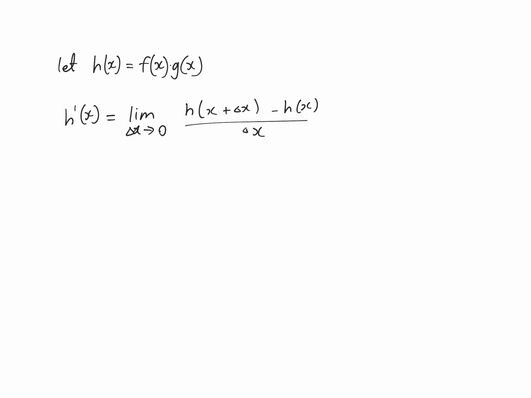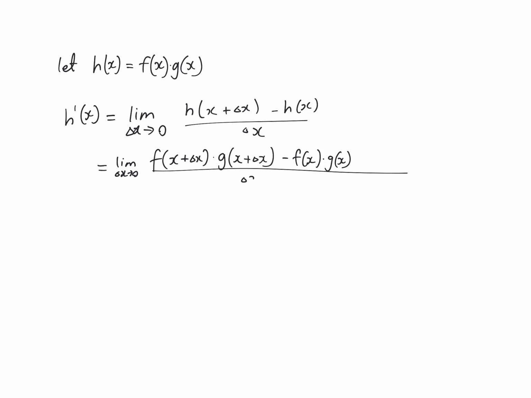But also we can expand this, right? So we can write the limit as delta x goes to 0 of, going to be a big chunk here, f of x plus delta x multiplied by g of x plus delta x, minus f of x times g of x, and then the whole thing is divided by delta x, approaching 0.